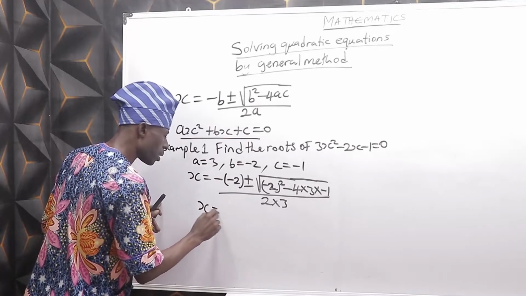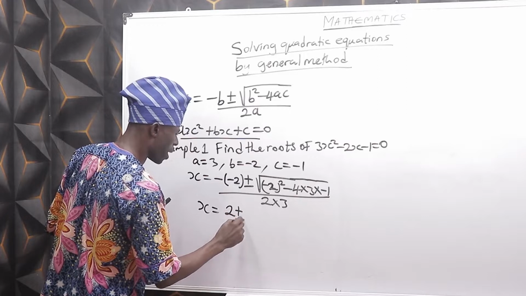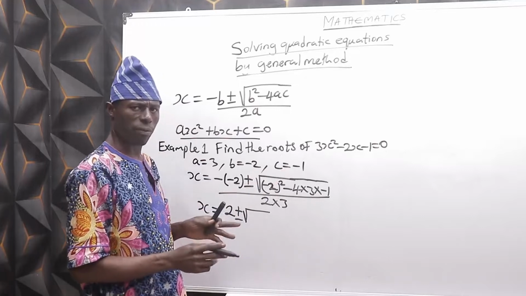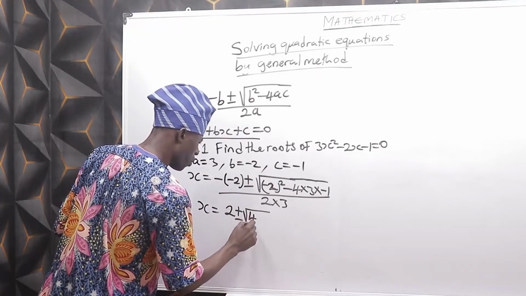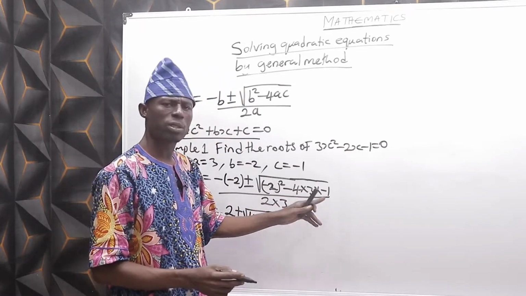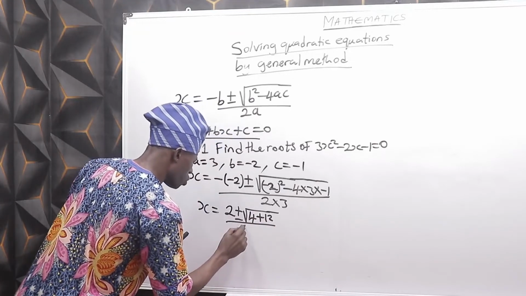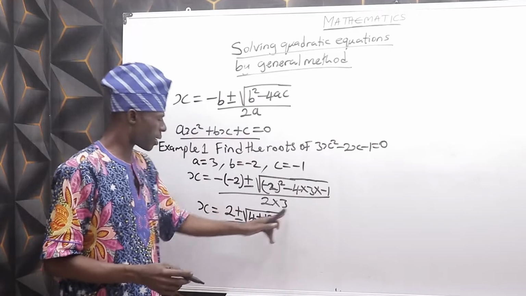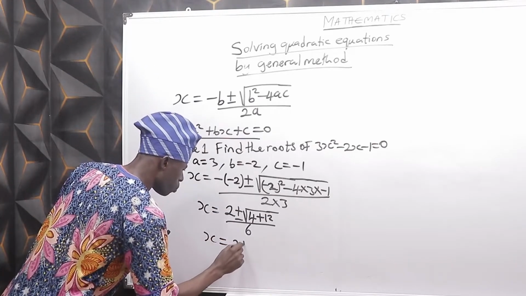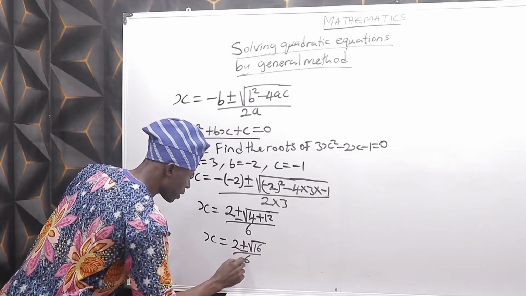So x equals minus times minus 2, that is positive 2, plus or minus square root of minus 2 raised to power 2 is positive 4. Minus 4 times 3 is minus 12. Minus 12 times minus 1 is positive 12. Everything over 2 times 3, which is 6. So x will be equal to 2 plus or minus square root of 16 over 6.